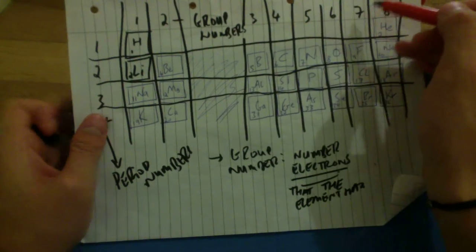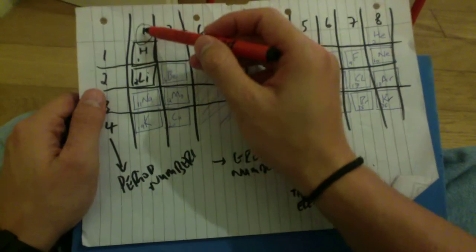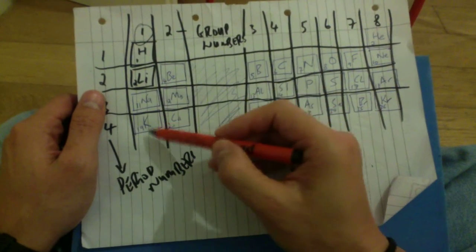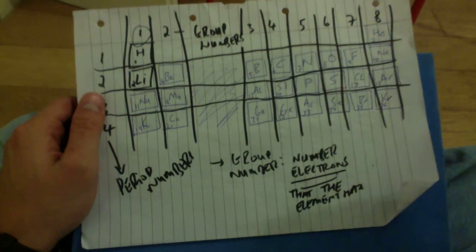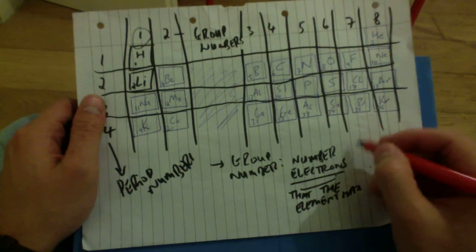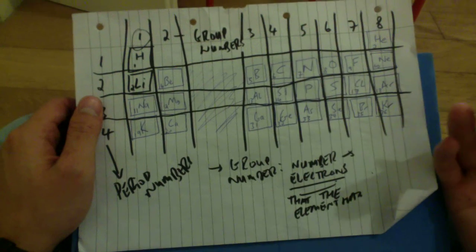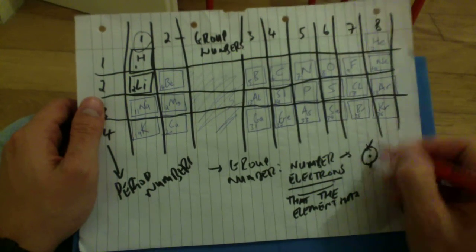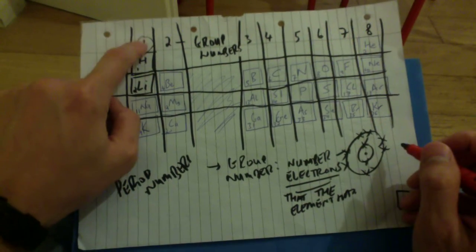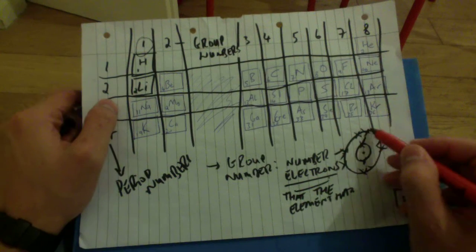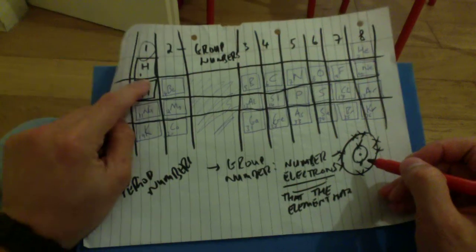If I go down, say on lithium, all the elements and atoms down here have 1 electron. Sorry, the group number tells you the number of electrons in the outer shell. Do you remember from the previous video we drew this, and you have the electrons on the outside in your shells? This number tells you how many electrons are in the outermost shell of the atom.